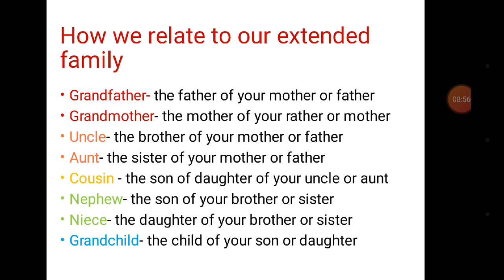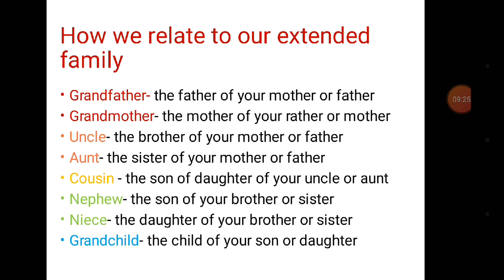Now, how do we relate to our extended family? What is the relationship between you and your grandfather? When we say grandfather, we're looking at the father of your mother or your father. So daddy's father is your grandfather and mommy's father is also your grandfather. Then grandmother.